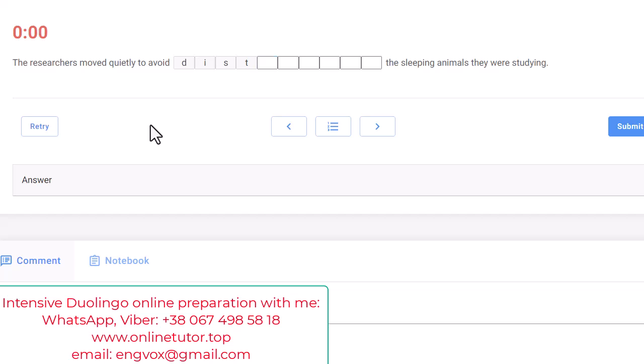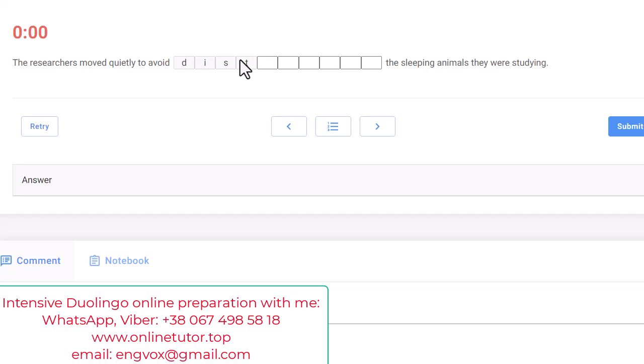Okay, so let's read please. The researchers moved quietly to avoid... Even while I'm reading, I understand usually we avoid something. To avoid means to try not to meet, to try to evade, to try not to face some situation or a person or a process. So to avoid something. After avoid, it's not likely that we meet "to do."